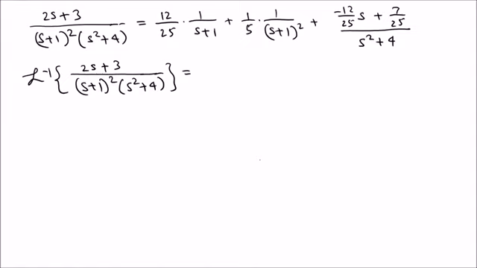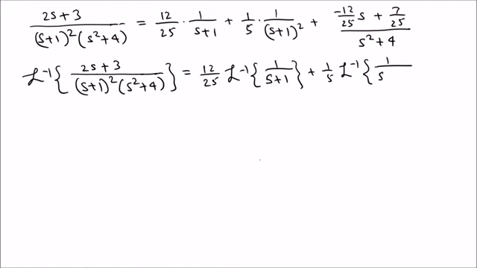So that means this is going to give you 12 over 25 L inverse, I'm just writing this one. This is not really necessary, but for completeness I'm writing it. And then 1/5 L inverse 1 over (s plus 1) whole thing squared.